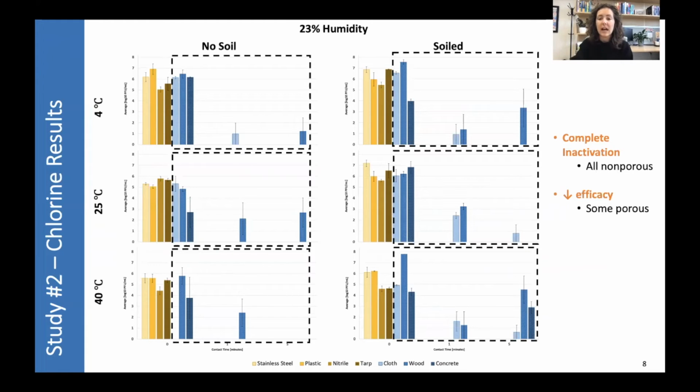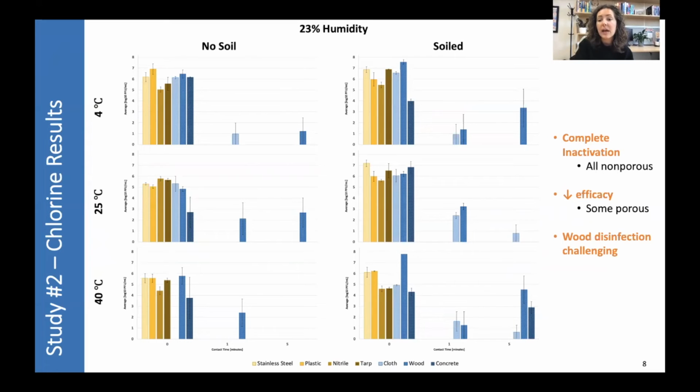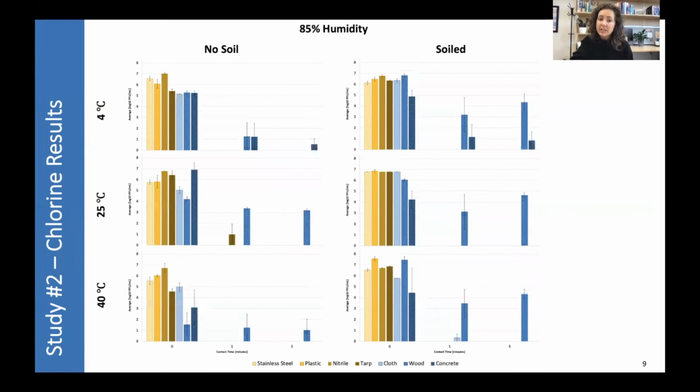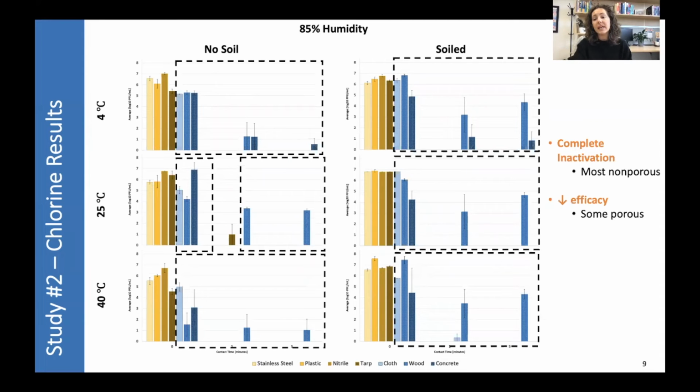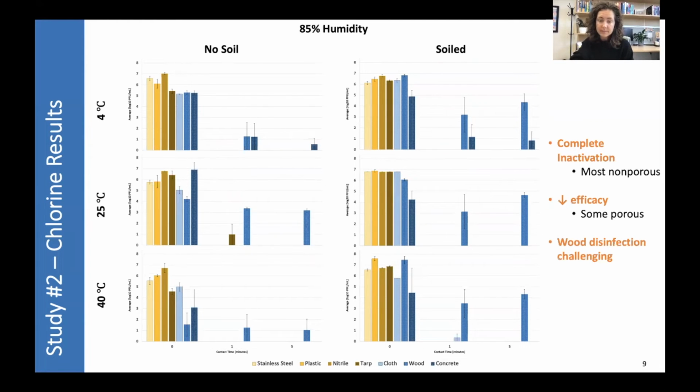You'll note that we still have recovered Phi6 at both 1 and 5 minutes of exposure, and wood in particular was challenging to disinfect. Similar trends for 85% relative humidity, where we had complete inactivation on almost all of our non-porous surfaces after exposure to chlorine solution, and decreased efficacy of the chlorine solution on porous surfaces.